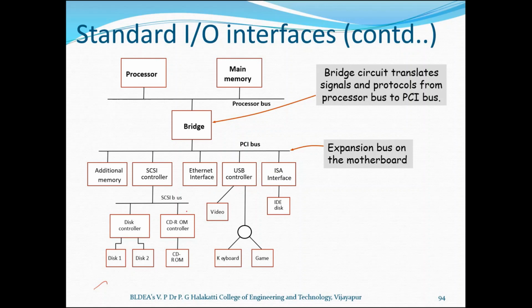Here we have the USB, which is a serial interface technique intended for devices like keyboard, mouse, game controller, modem, cell phones, flash drives, and so on. Now, the ISA interface is used to connect the IDE, that is the integrated device electronics disk, to the system. A given computer may use more than one bus standard.